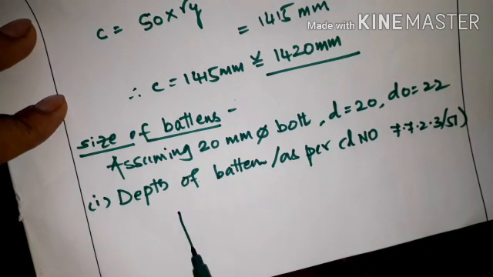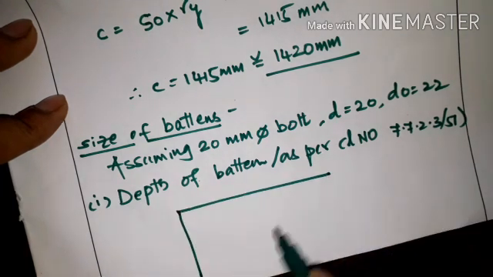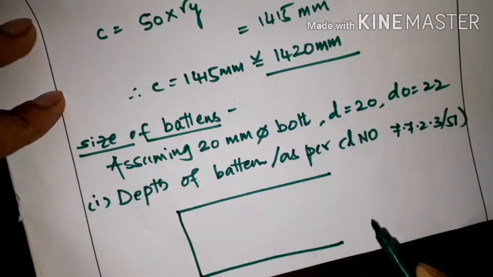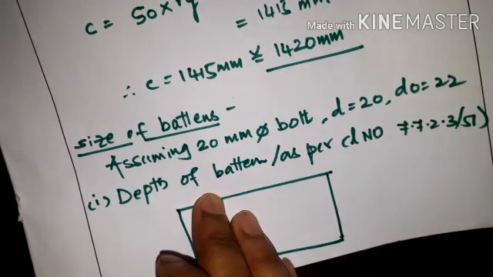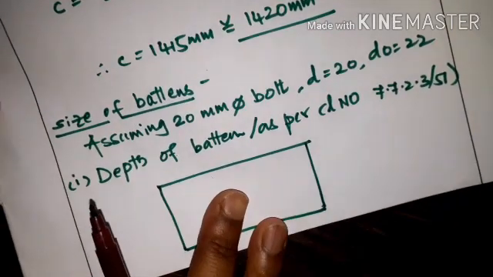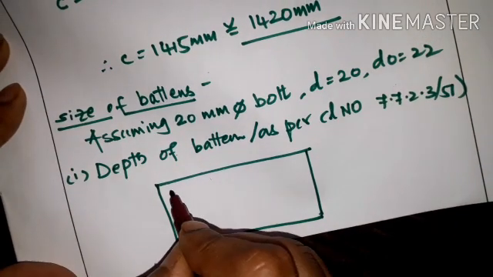Suppose this is a batten plate provided with bolts, like this.